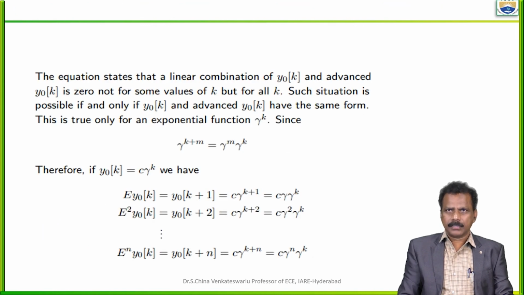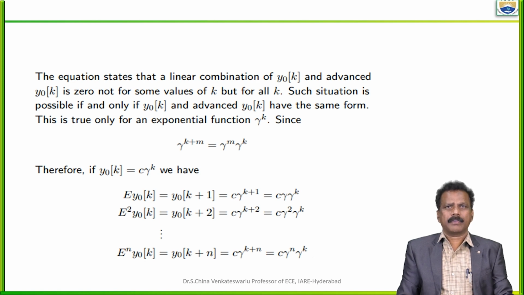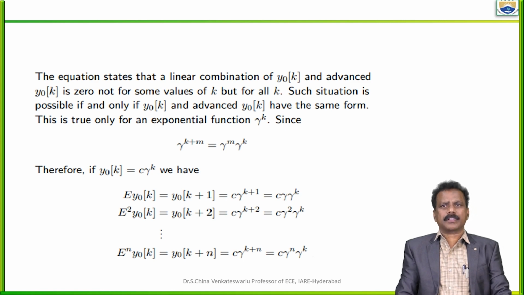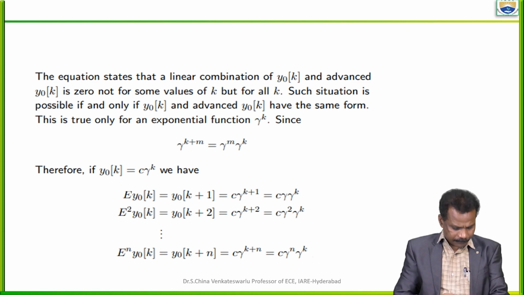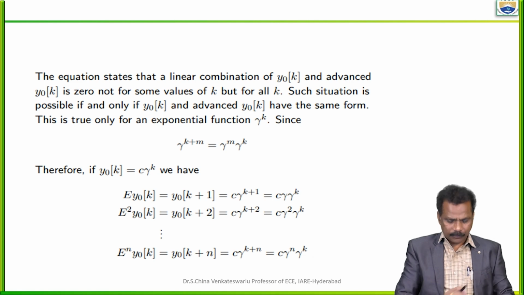So like this, we can easily observe how this is reflected with the operator E when we are using the time domain analysis of discrete time system, based on the system response.